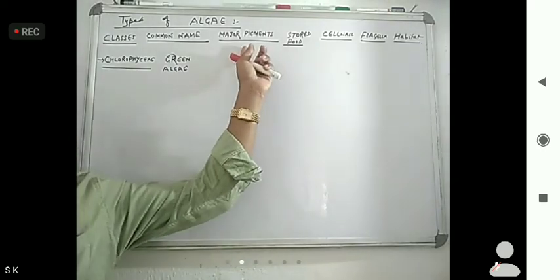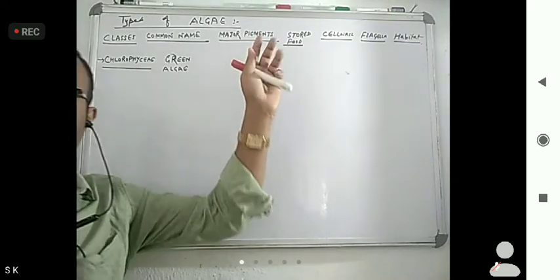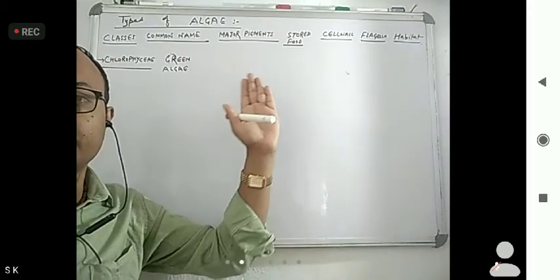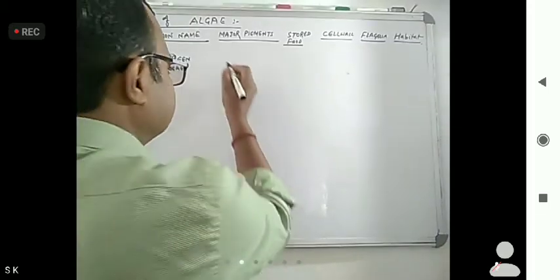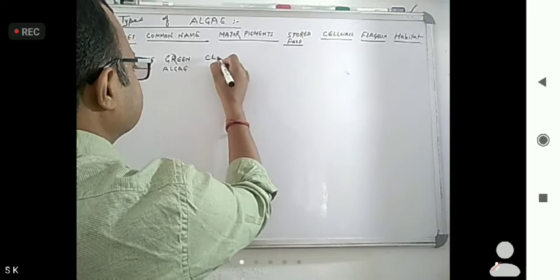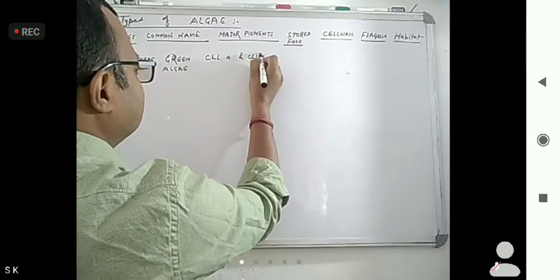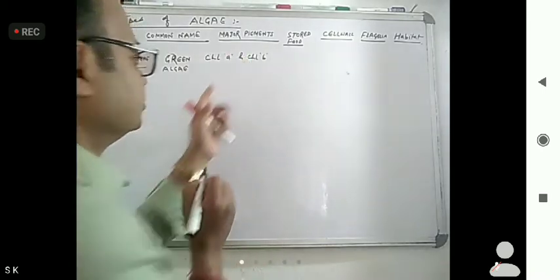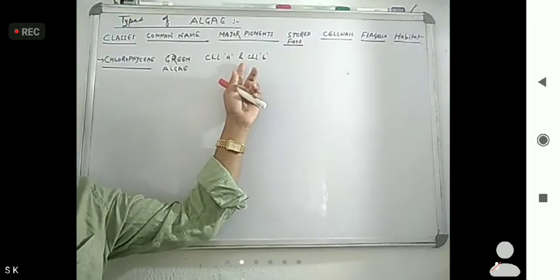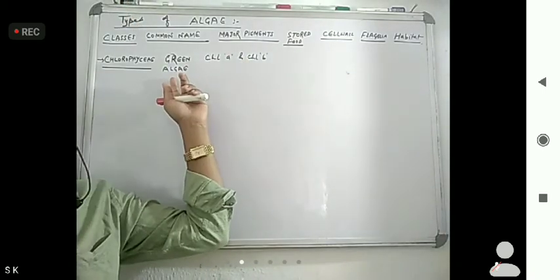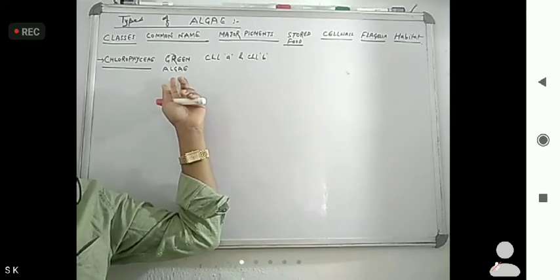If we are seeing their major pigments, what are the major pigments? We already saw chlorophyll A and chlorophyll B. Mostly we are having them. So this is the major pigment, chlorophyll A and chlorophyll B. That's why they provide green color, green algae.